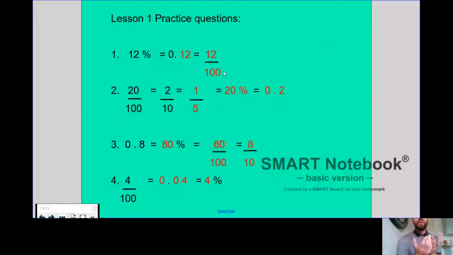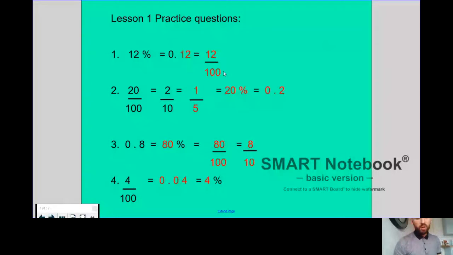We've then got 20 hundredths. I can write that out of 10, so it's 2 tenths. But also, if I was to break the whole down into 5 equal parts, I can write it as 1/5. This is also equivalent to 20% and 0.2, 2 tenths. Remember, that's a decimal fraction.